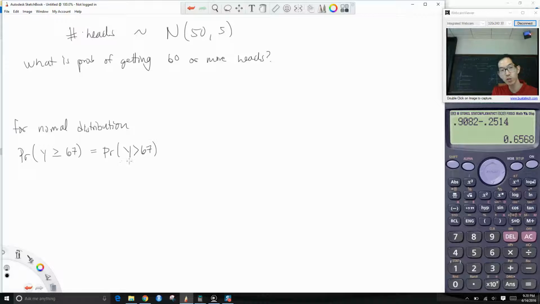There's no difference between the greater than and the greater than or equal to, because it's continuous. All right. When we're talking about the binomial distribution, there is a distinction. The probability of getting 60 or more heads is different from the probability of getting more than 60 heads. Okay? This is not the same.